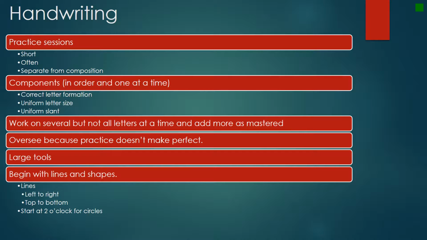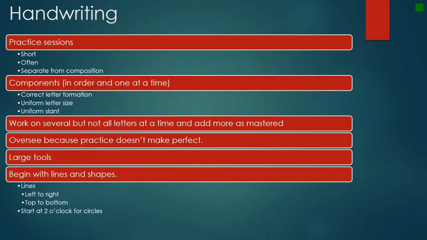It's important to remember that handwriting is to be separated from composition. The very quickest way to make our students dislike writing and to be incapable of getting their thoughts down on paper is to insist on perfect handwriting or even cursive handwriting when they write. I believe that when we're doing writer's workshops, students should be able to write in whatever form they feel most comfortable as long as it is legible.